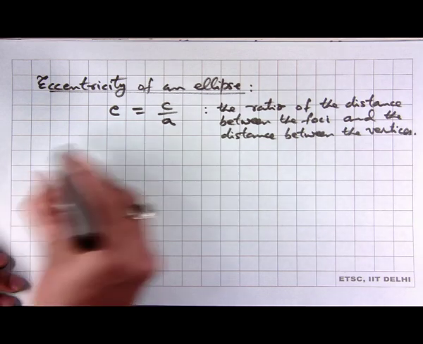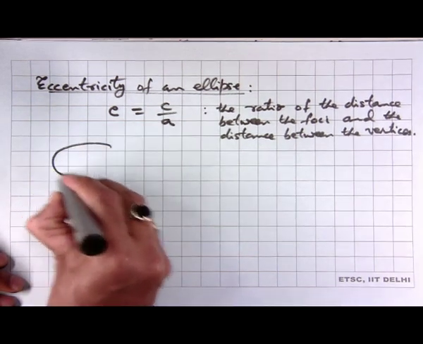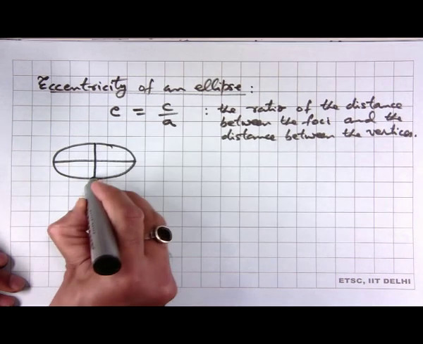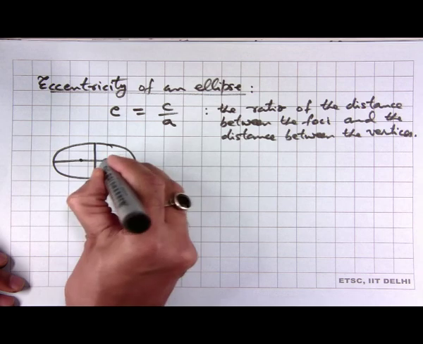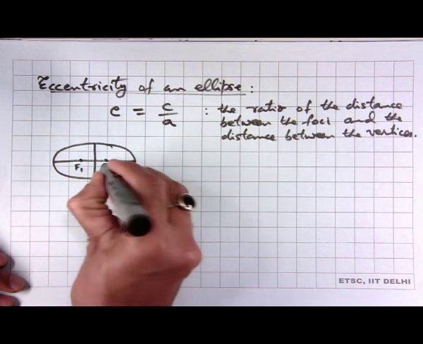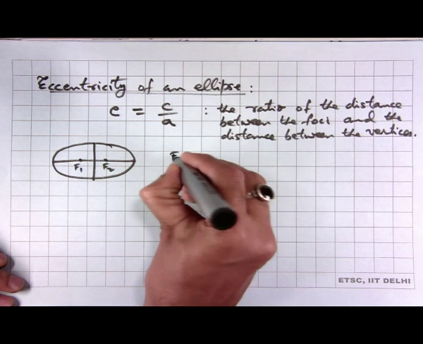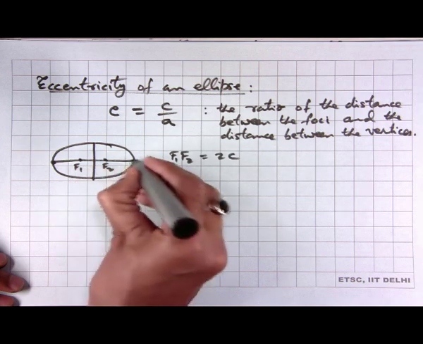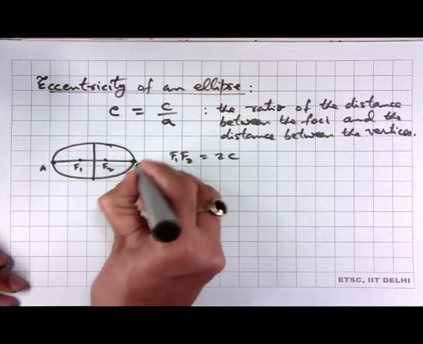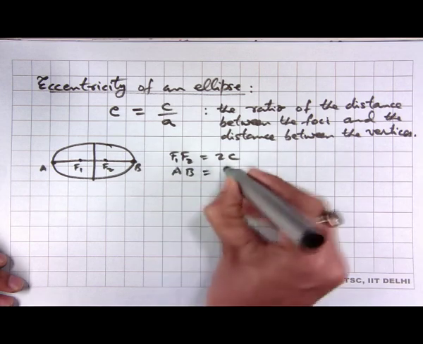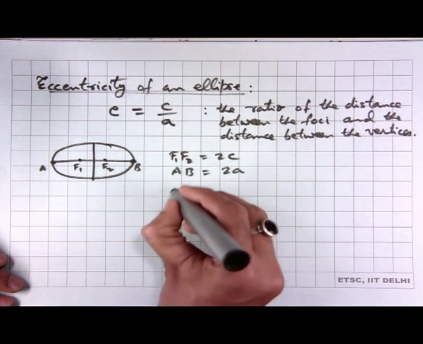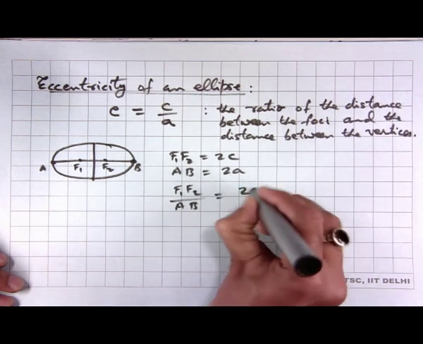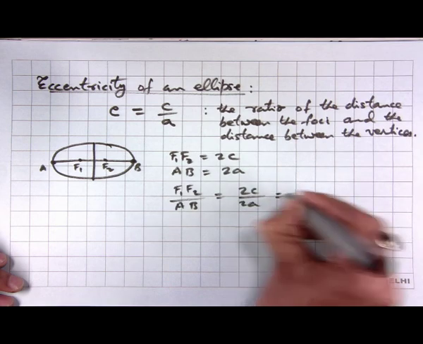Right, because if you look at an ellipse, the distance between the foci F1F2 is equal to 2c, and the distance between the vertices AB is equal to 2a. So, F1F2 divided by AB is 2c over 2a, which equals c over a.